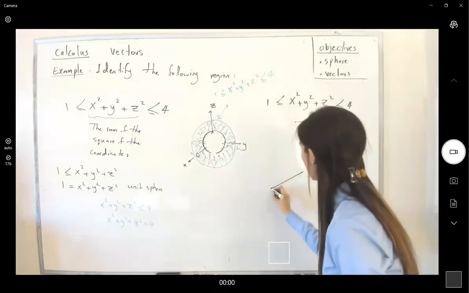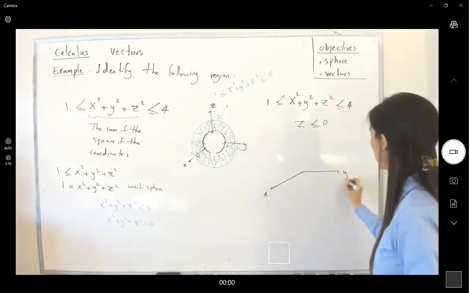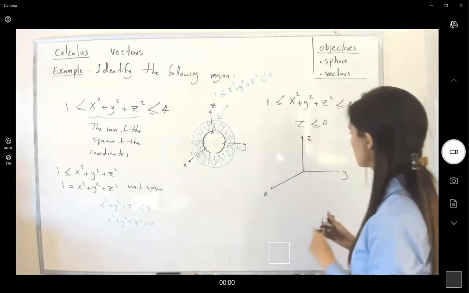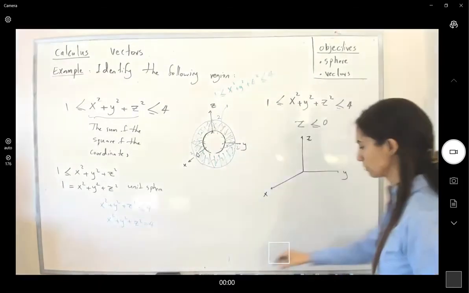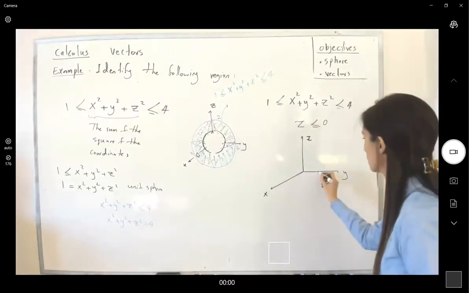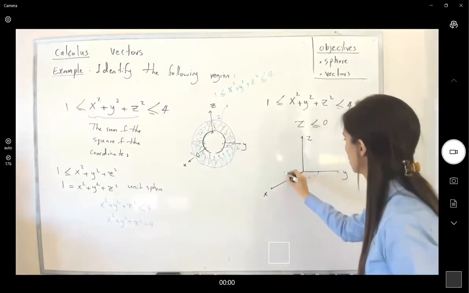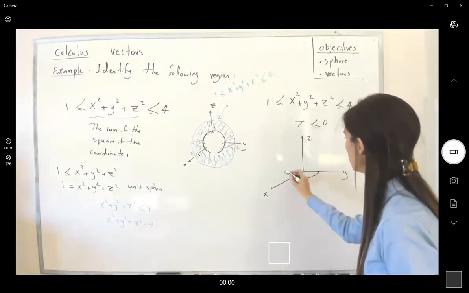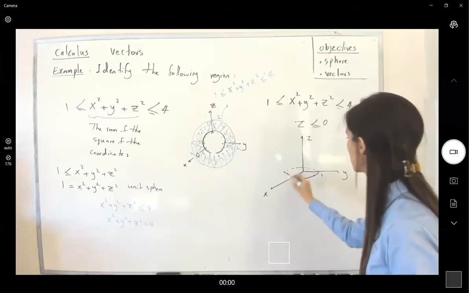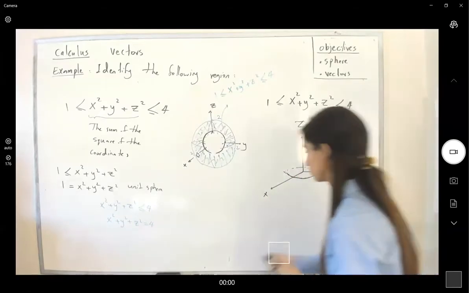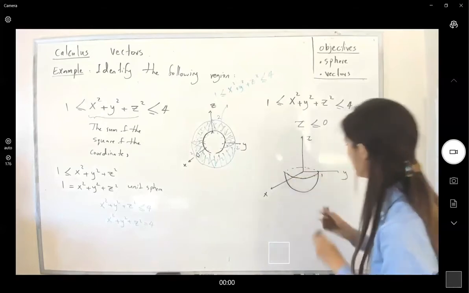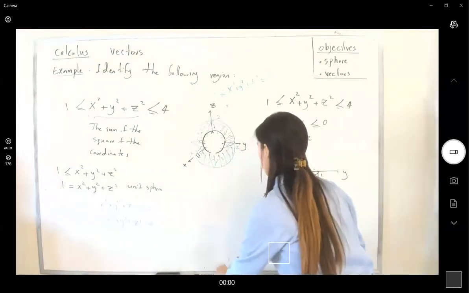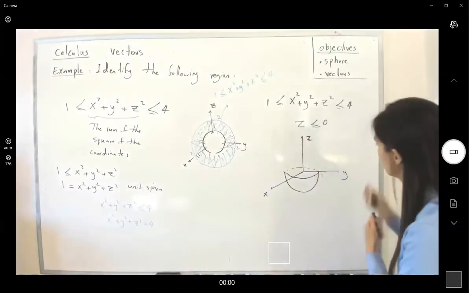So here you have your x, y, and z axis, and then by graphing, this was your inner sphere with radius 1, and this is the larger sphere with radius 2.